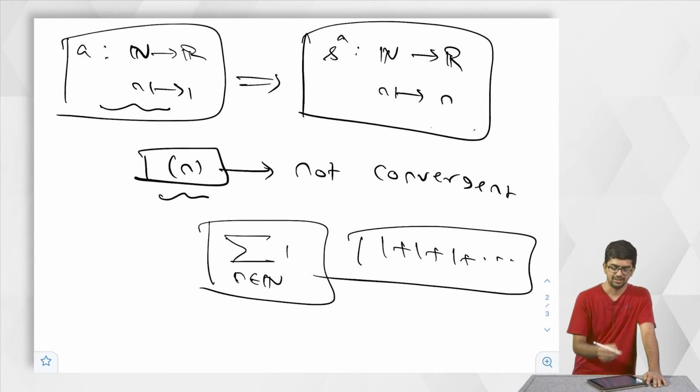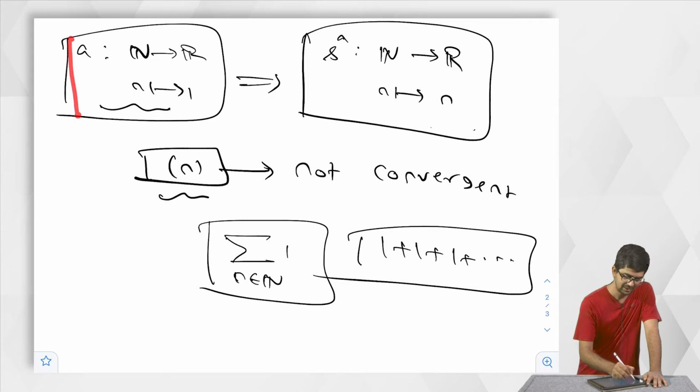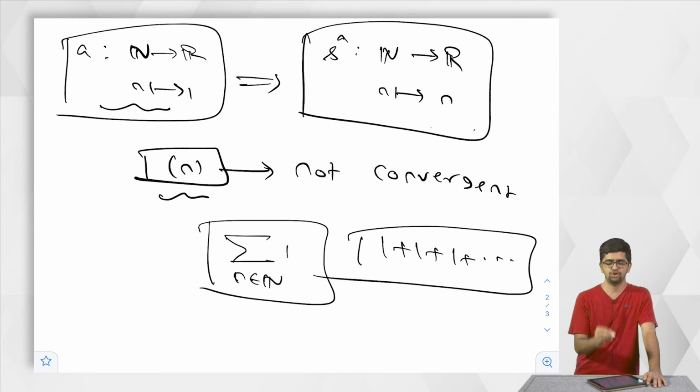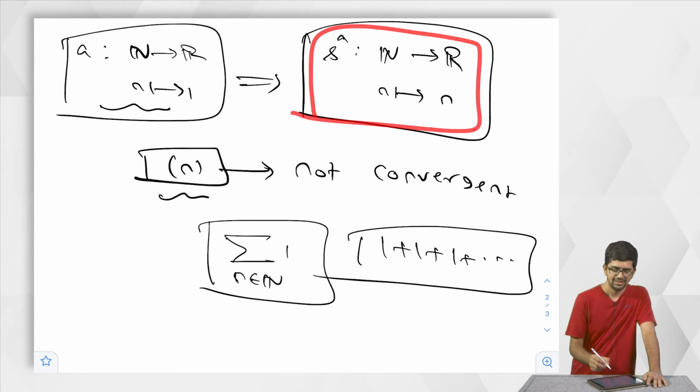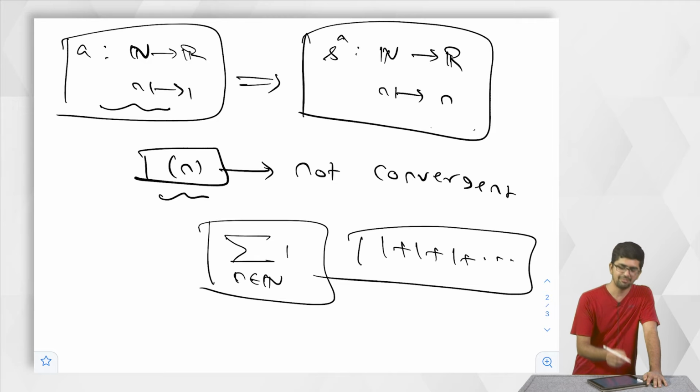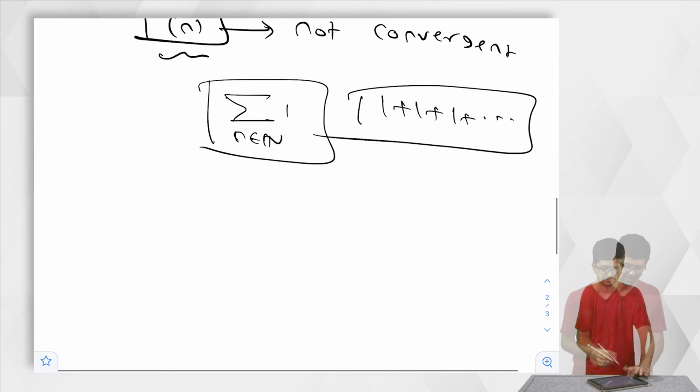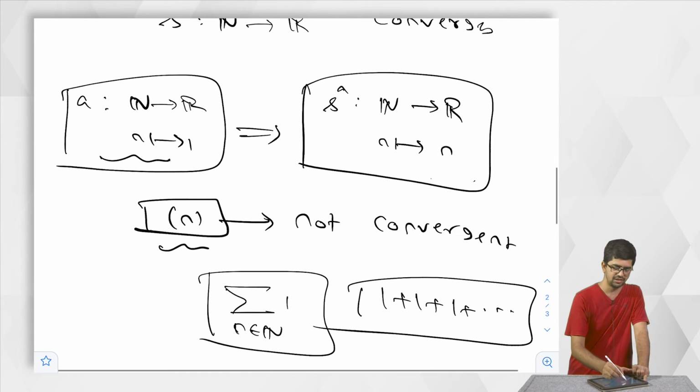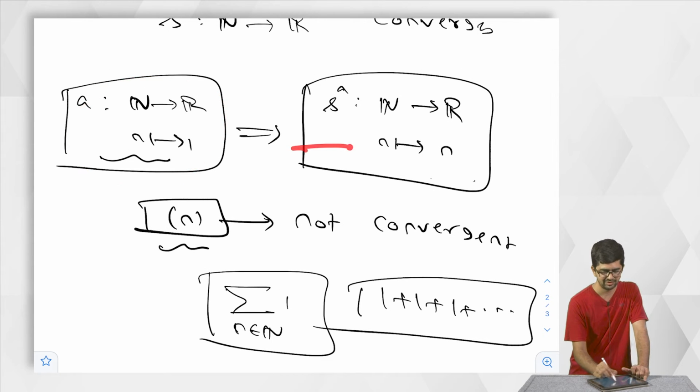So let us try the other way. Let us start with some arbitrary sequence and assume that this is convergent. Then one might get some idea about this sequence. That is the strategy, and then we can put the condition on this and see whether this is convergent or not.